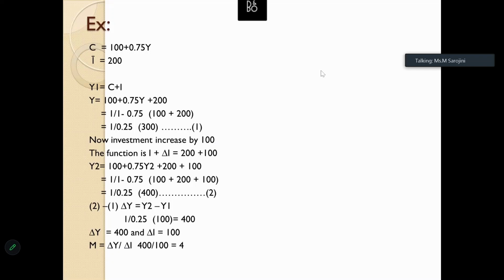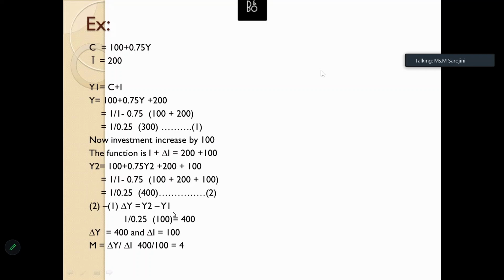Once we add the change of the investment to the previous one, this amount here is 300. Now we are adding the 100 of the investment to this 300. Therefore, here it is 400, that is 200 plus 100 plus 100. Now we are going to subtract the information.